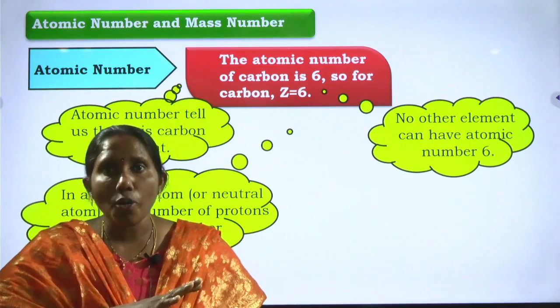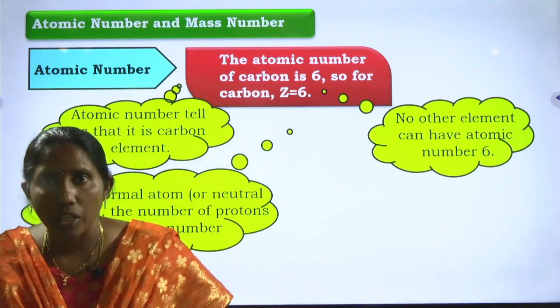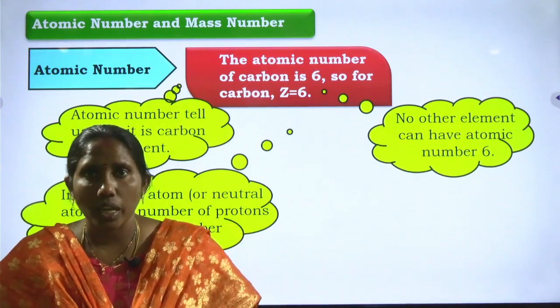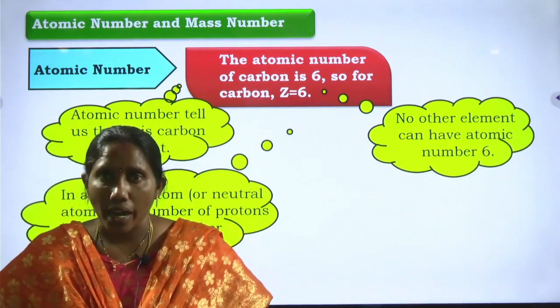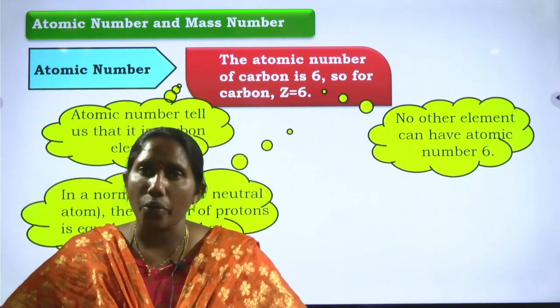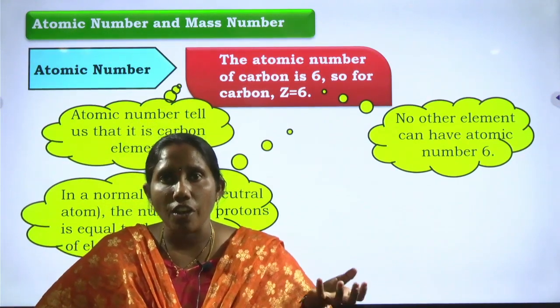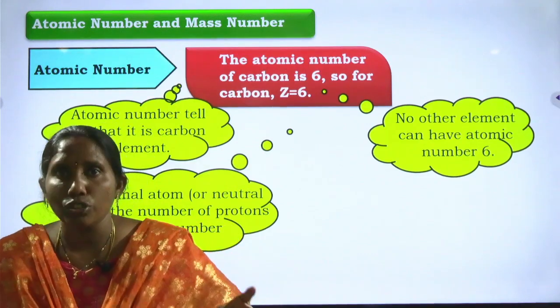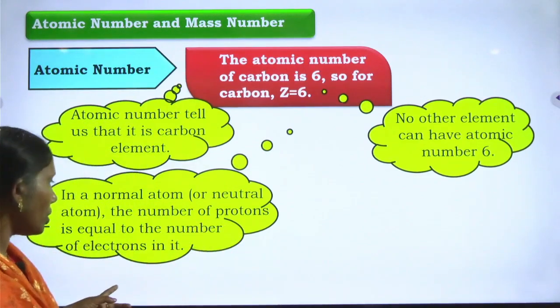So the number of positive charges equals the number of negative charges, then it will be neutral. That is why when an atom has the same number of protons and electrons, that atom is said to be neutral.